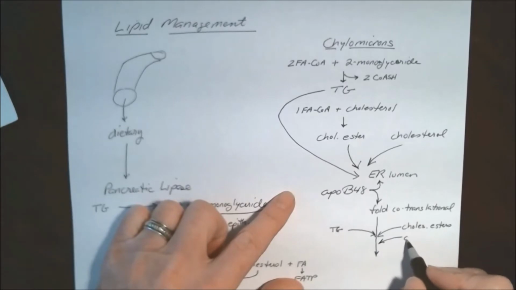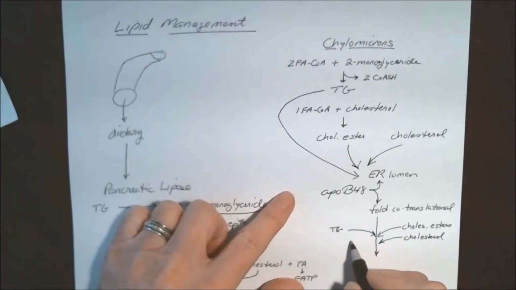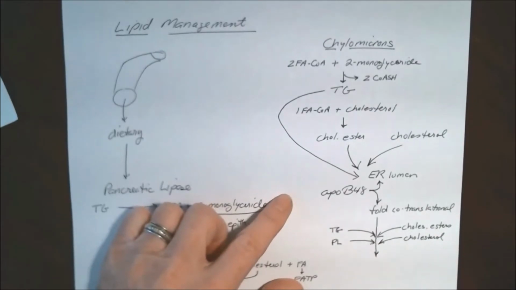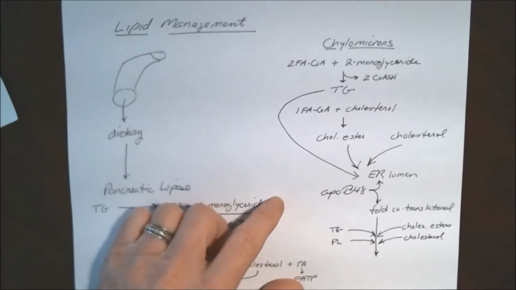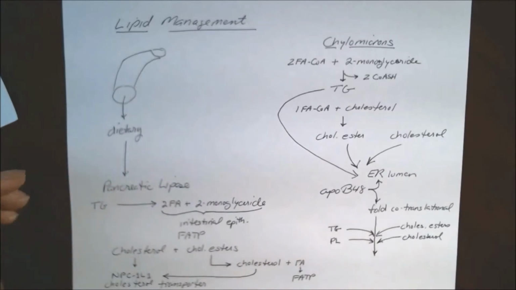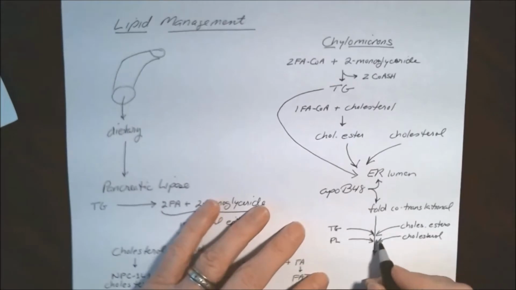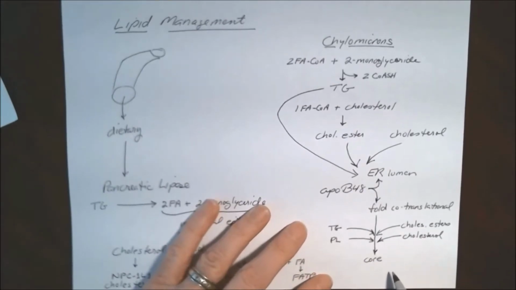It's going to be adding free cholesterol that is available, and phospholipids. So the ApoB48, consider it like a serpentine structure, like a snake, and this thing is going to be weaving in and out of these fats, and all of these fats will be forming in the core of the structure.